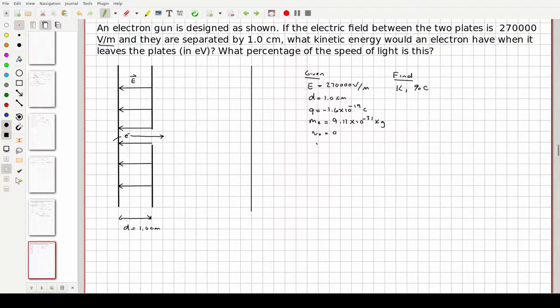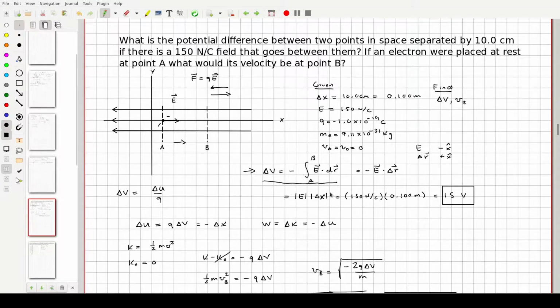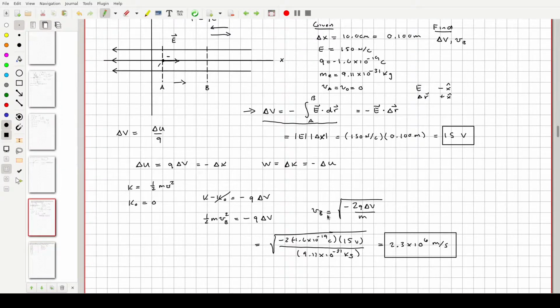We also know the speed of light, which if you look that up is 3 times 10 to the 8th meters per second, which you can treat as exact. That said, we're going to solve this problem in much the same way as we solved this one right here.